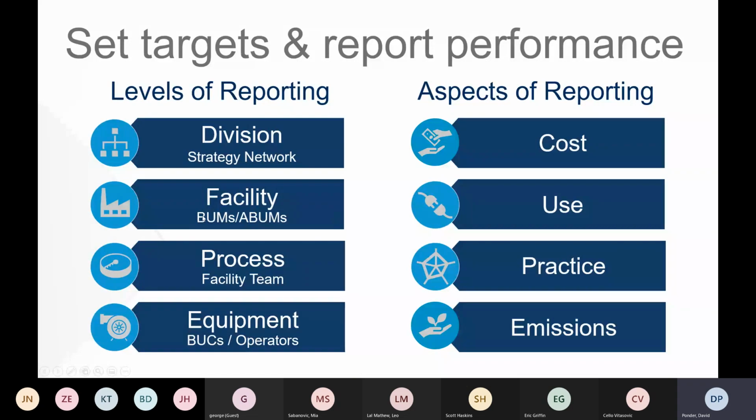Then at the facility level, we have business unit managers and assistant business unit managers who are really interested in how their facility is performing. There you might have another version of reporting on cost, use, and practice. As you get lower down, you might even have process level measures, which look like something different, and then equipment level measures.